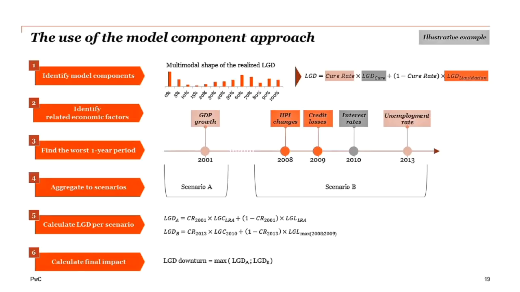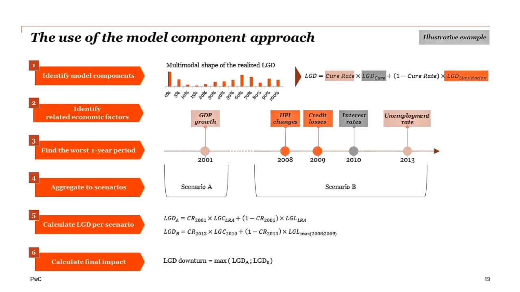Step two, for every model component, we identified relevant economic factors. For cure rate, there are two main factors, GDP growth and unemployment rate. For LGD liquidation, we have two factors as well, HPI changes and credit losses. And for LGD cure, we have identified only one dependent factor, interest rates.